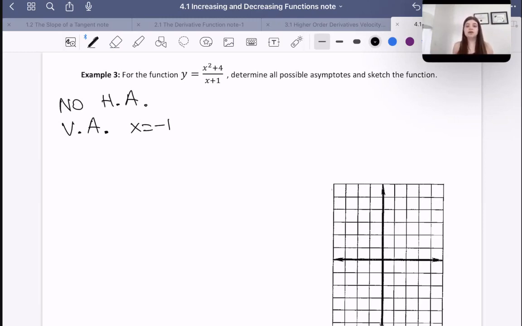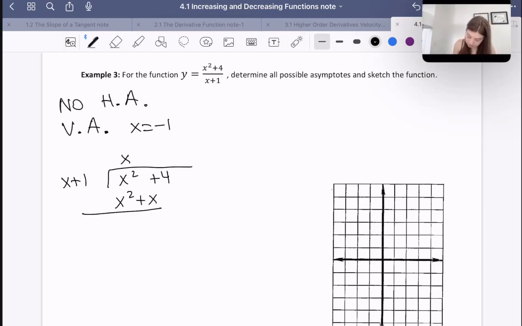Now, the numerator is exactly 1 degree higher than the denominator, so to find the oblique asymptote we need to divide this. So let's use our long division that we know so well and figure it out that way. Okay, so x goes into x squared x times, so that's going to give us x squared plus x.